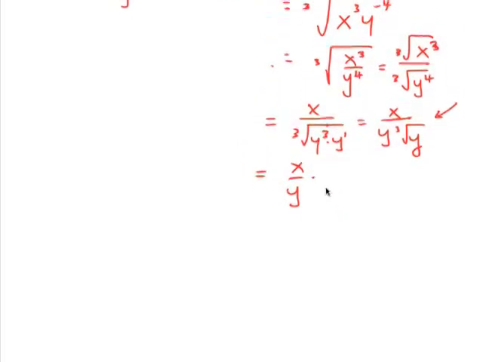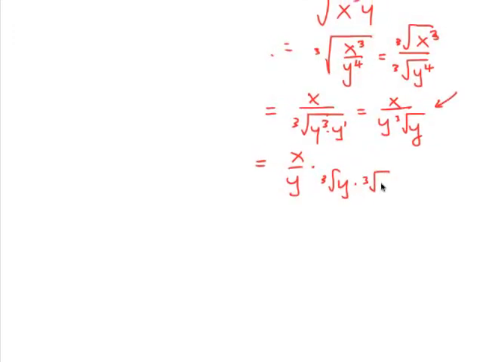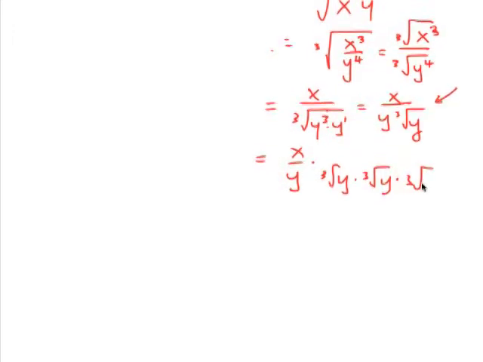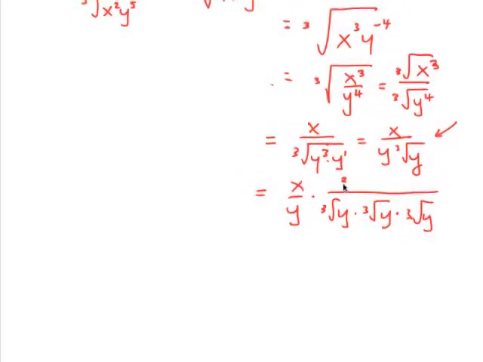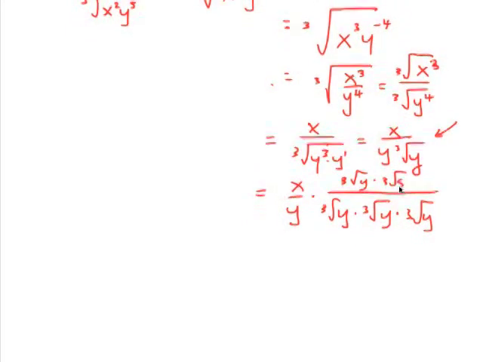and of course we'd have to multiply by the cube root of y by the cube root of y by the cube root of y. Alright, and of course we'd have to do that up here as well. Cube root of y by the cube root of y.